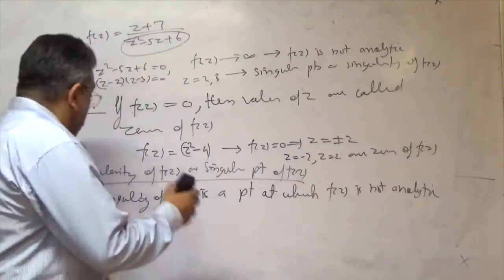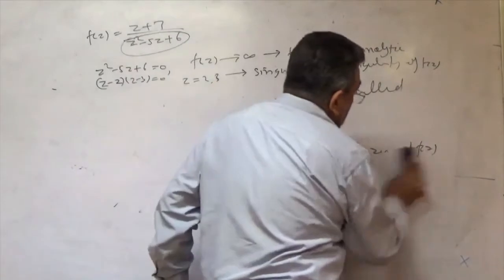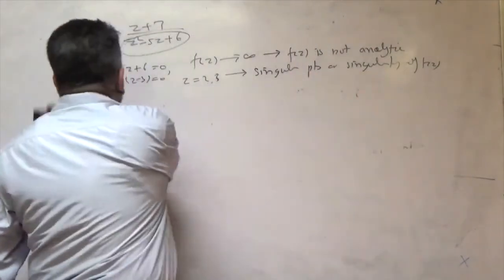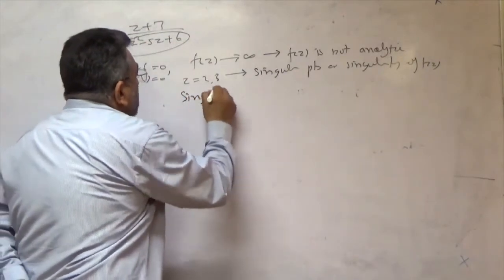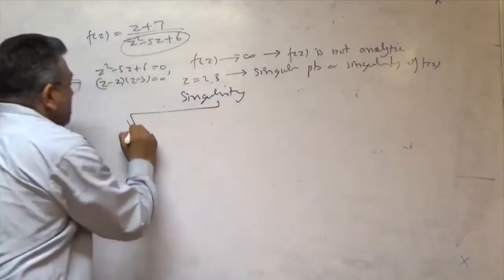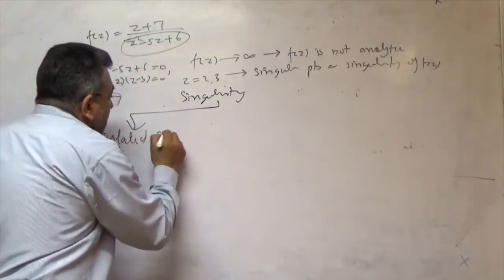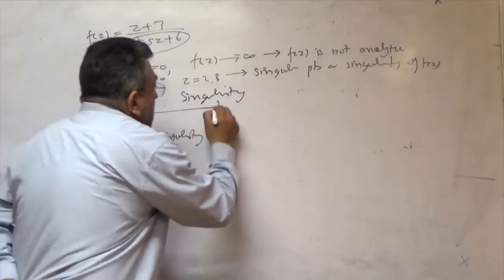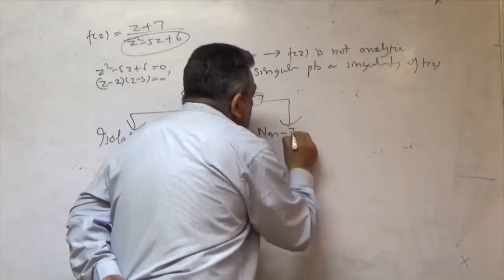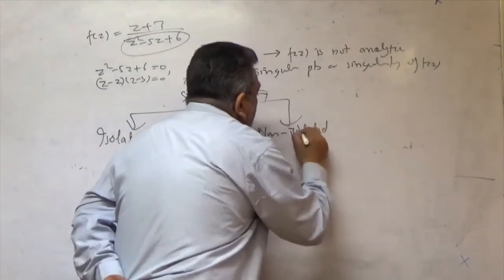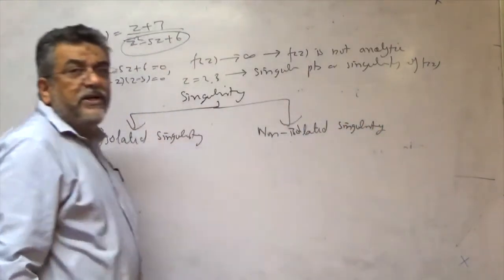And now there are a number of types of singularities we have to study. Basically, there are two types: one is isolated singularity, and the other is non-isolated singularity.